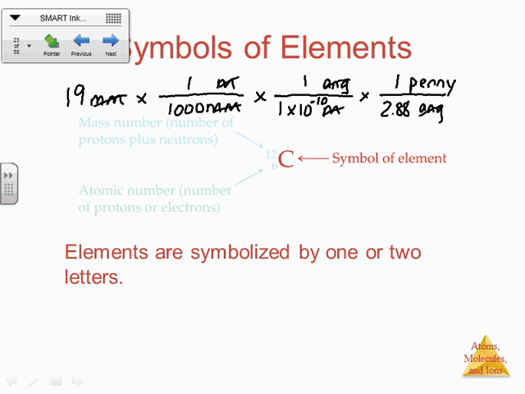We've got 3 sig figs in our original numbers, so it's 6.60 times 10 to the 7th atoms. That's how many silver atoms we could put in a straight line across the diameter of a penny. So that gives you an idea about how small the atom is. Let me go ahead and erase this now.